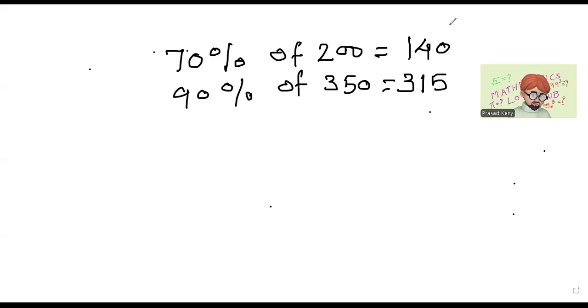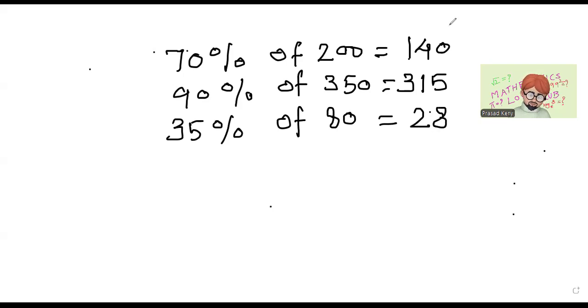Then 35% of 80, and you should get the answer 28. Obviously, this particular problem, either you can do by interchanging the percentage figure with the number, or you can do it directly.